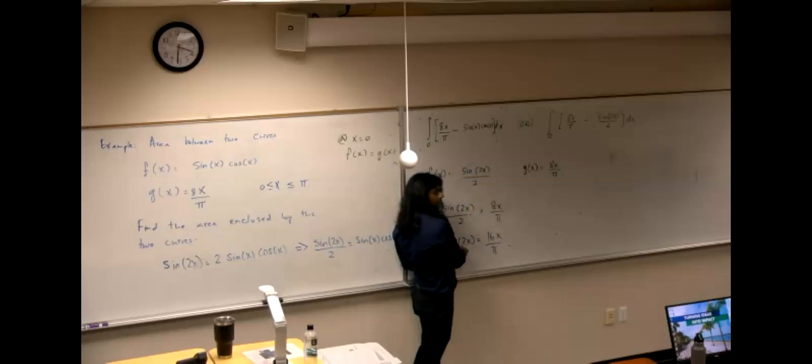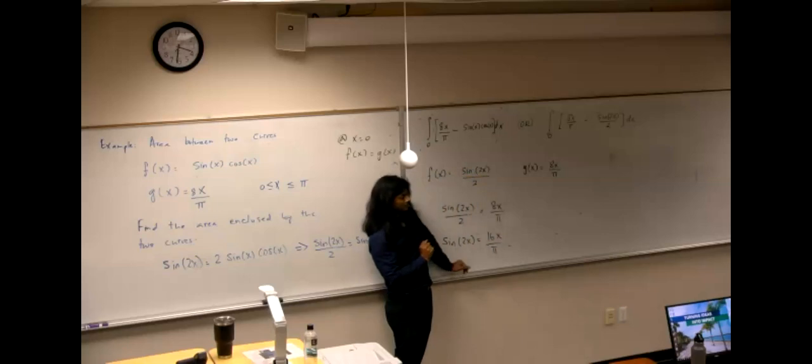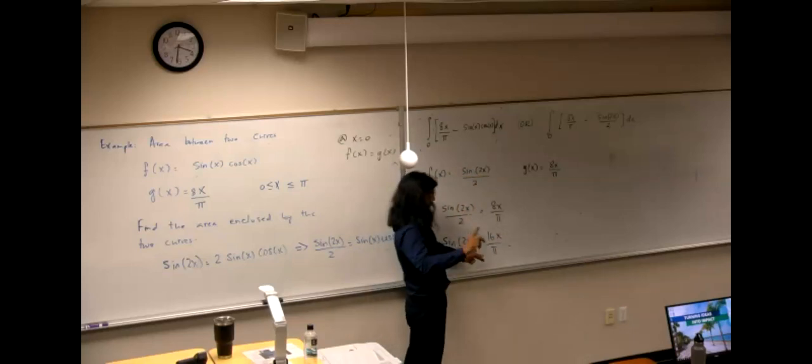It's sine. What value should go in there so that I get 1 on this side? Pi over 4. Sine pi over 4 is 1 over root 2, but 2 times pi over 4 would be pi over 2.